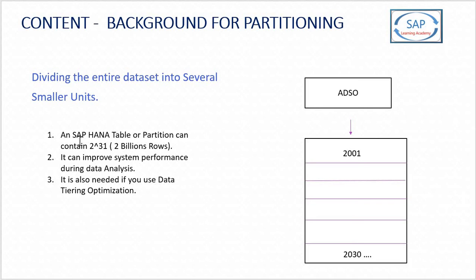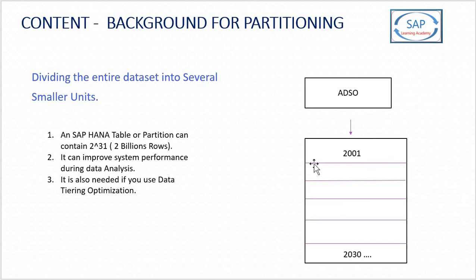And partitioning is done when this SAP HANA table or partition can contain 2 billion rows, and if you do that, it can improve the system performance during data analysis. And also it is needed if you use DTO, the data tiering optimization.